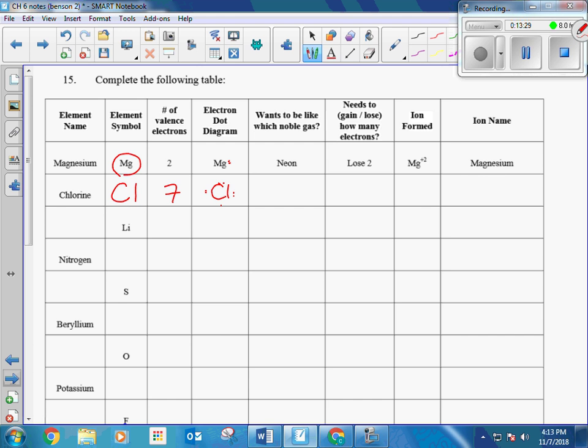What gas does it want to be like? It wants to be like argon. How is it going to do that? It is going to gain 1 electron. And if it gains 1, electrons are negative, so that means it's gaining a negative. How much? -1. And the ion name, oh, I forgot to mention this on my last slide, becomes chloride.